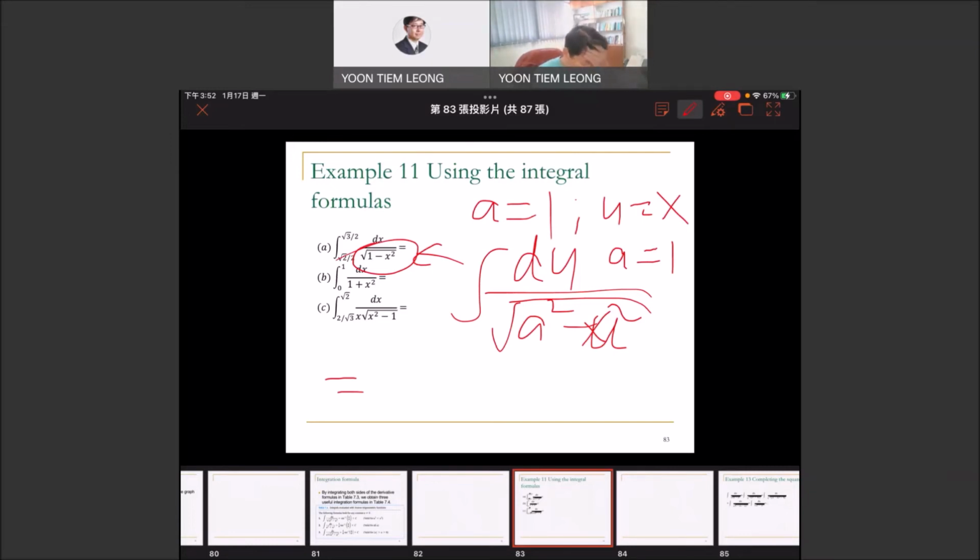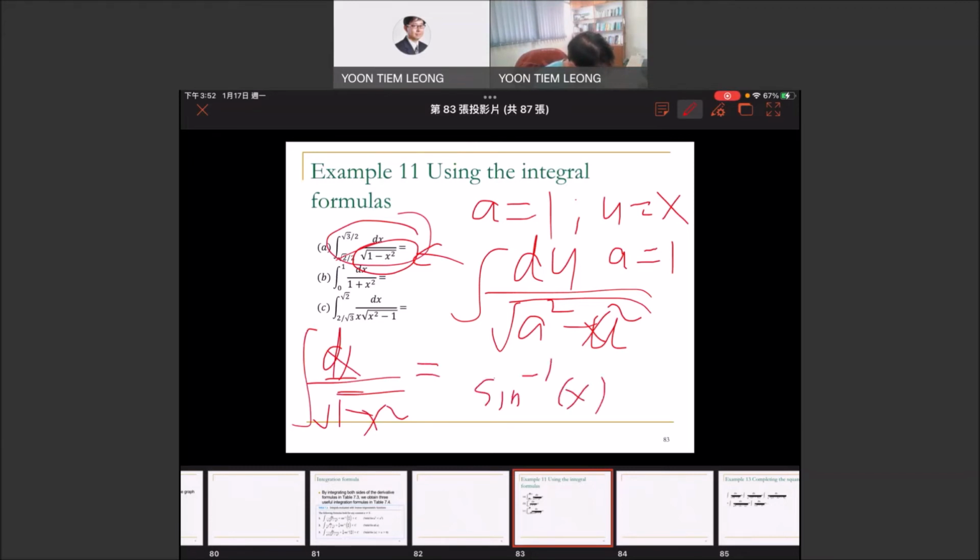So I remember this, I don't know when, I was in Form 6, and I still remember it. So for these equations, the integration of dx divided by the square root of 1 minus x squared is just equal to arcsine of x, right? And then if you were to put in the values, you just put in the limits.